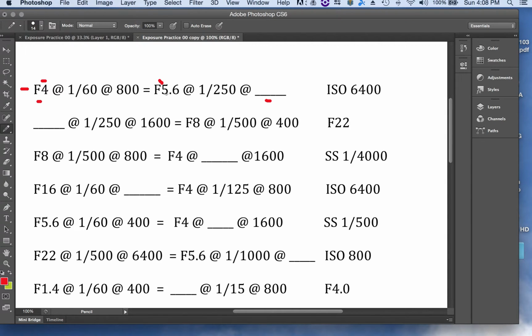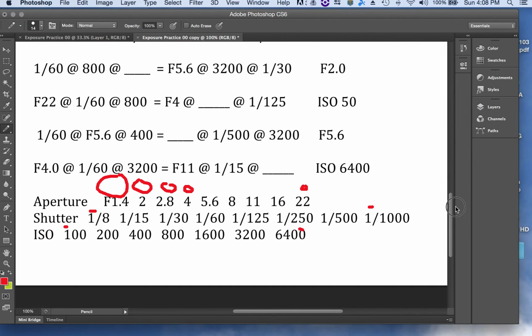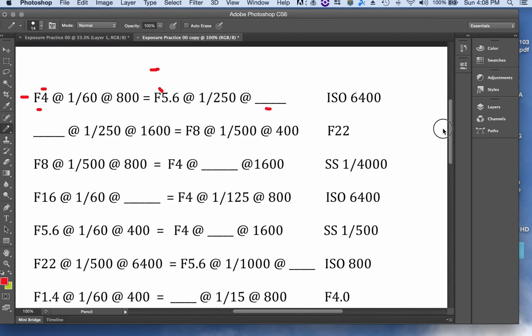The answer is the iris is smaller at an f5.6 than an f4, so it's allowing less light by a factor of 1. And you know that it's 1 because if you go down here to your little chart and you go to an f5.6, it's 1 factor less light than an f4.